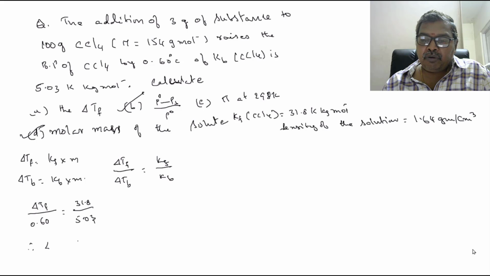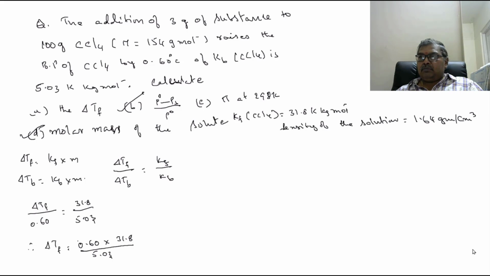So therefore, delta TF equals 0.60 into 31.8 by 5.03. Here you will get the delta TF value.